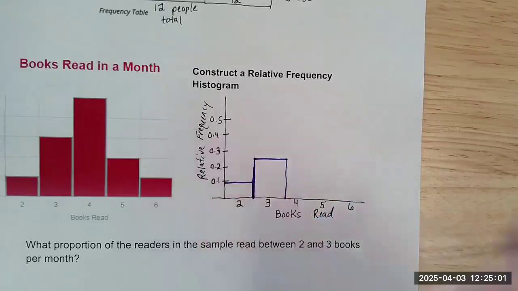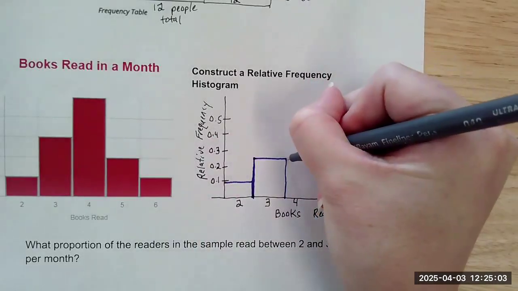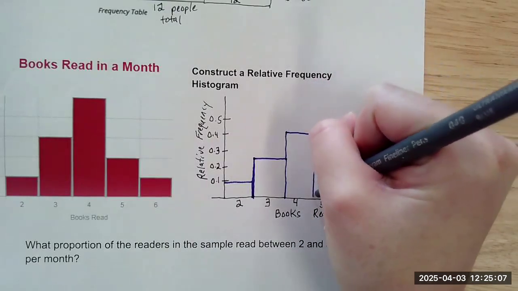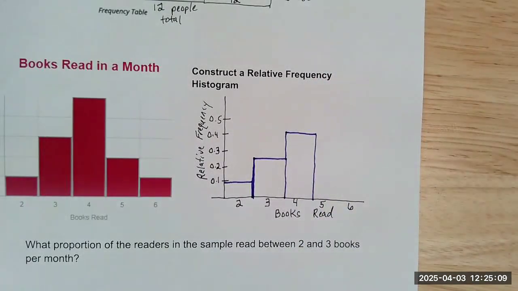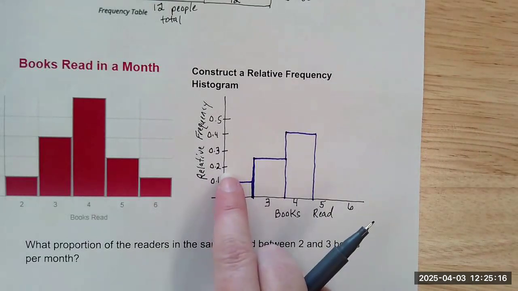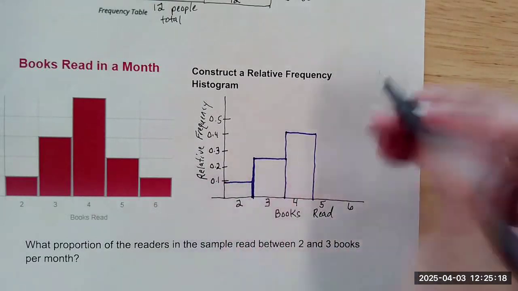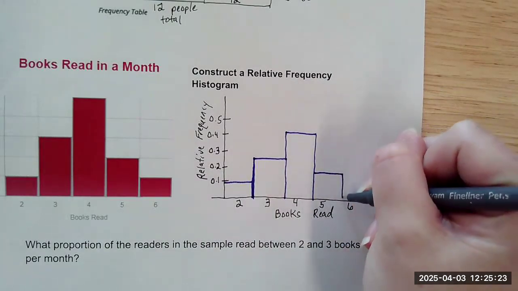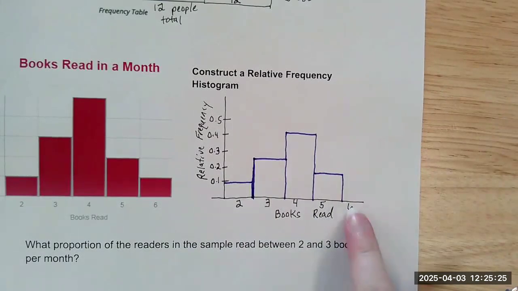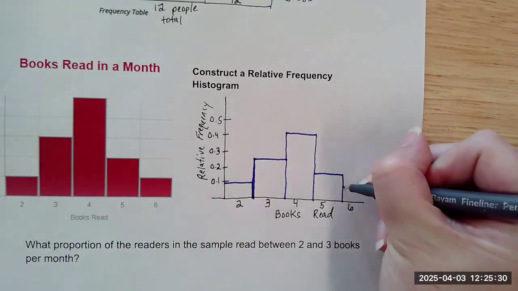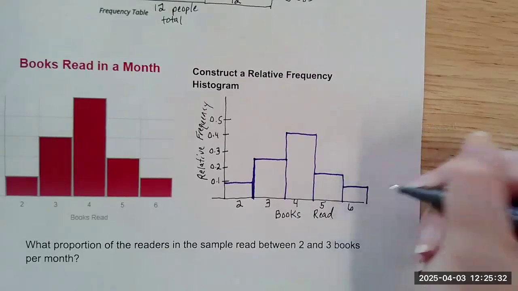So I'm going to go a little bit past the 0.4 for the height. For 5, we said 0.167. So 0.167 is going to be a little bit past halfway point between 0.1 and 0.2. So I'll maybe go like right here. And then for 6, it's going to be exactly the same height as the one for 2. And there we go.